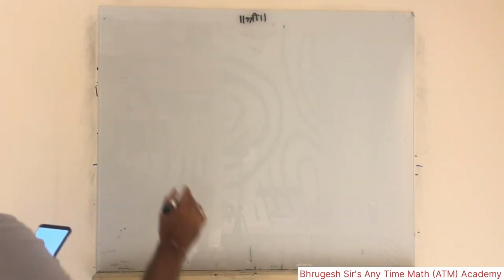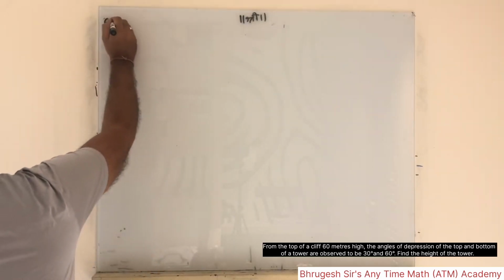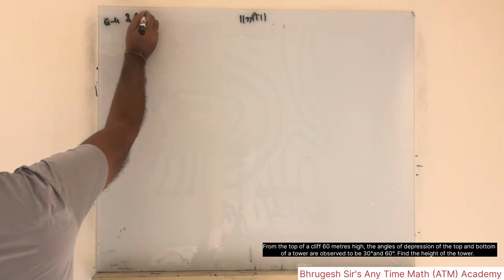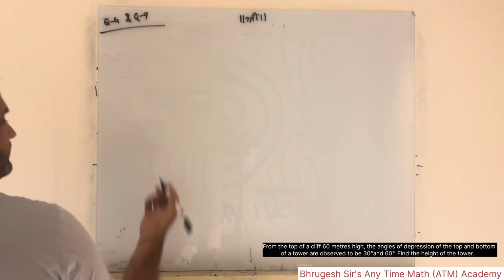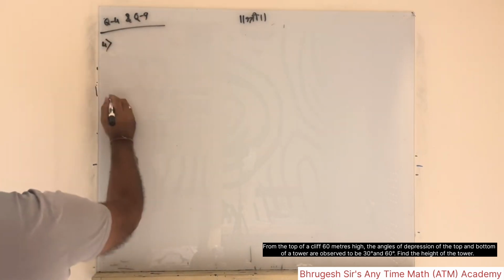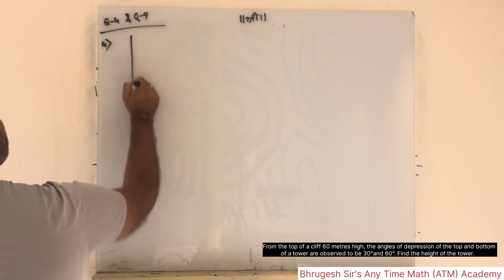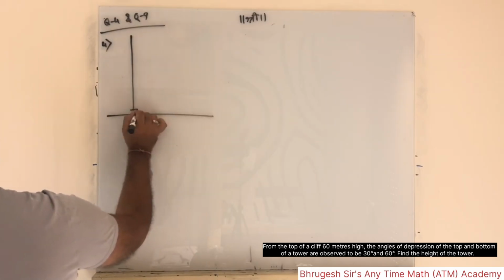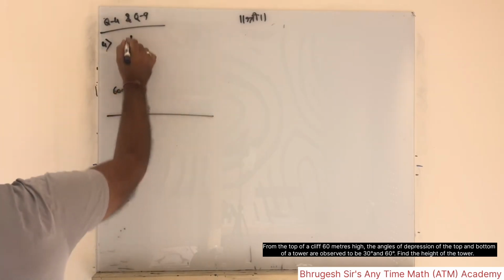Okay. Question number 4 and question number 9 are similar. In question number 9 the diagram was given. In question number 4 we have to create a diagram. Okay, so let's create a diagram. From the top of a cliff 60 meter high, ये cliff है 60 meter high.